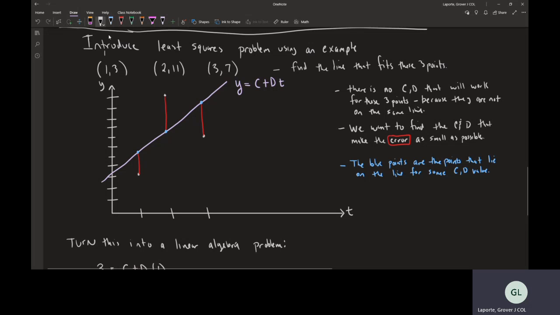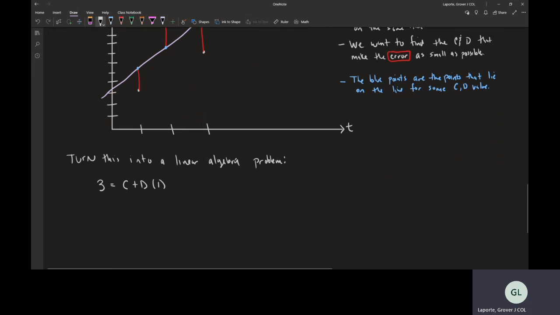So this was my T1, and this was my Y1, and this is my T2, and this is my Y2, and this is my T3, and my Y3. All I'm doing is substituting 1, 3 into this y equals C plus Dt equation. So that would be my first equation.